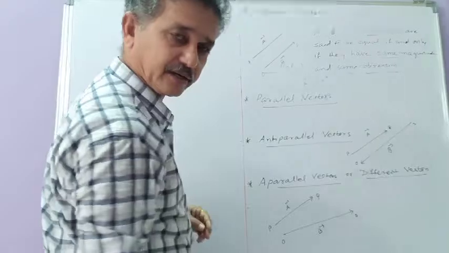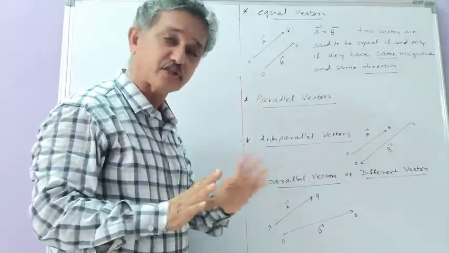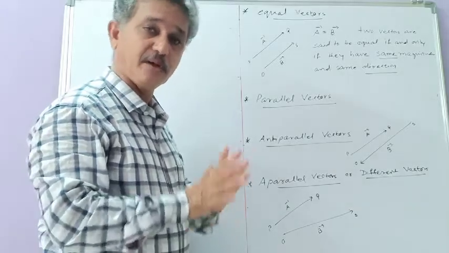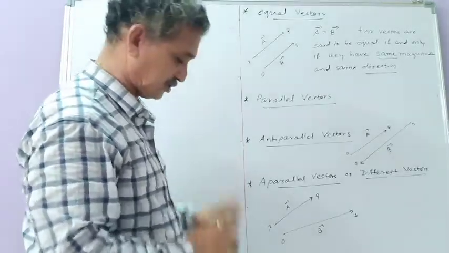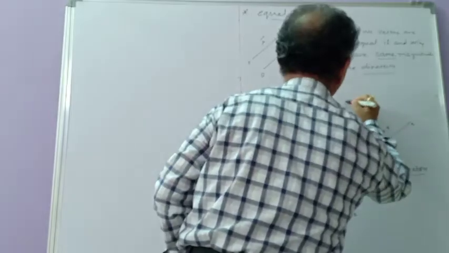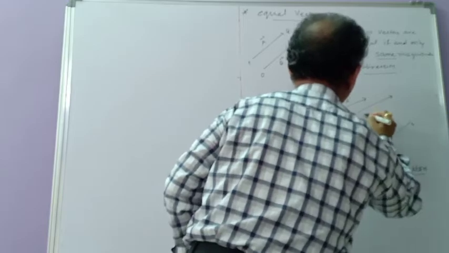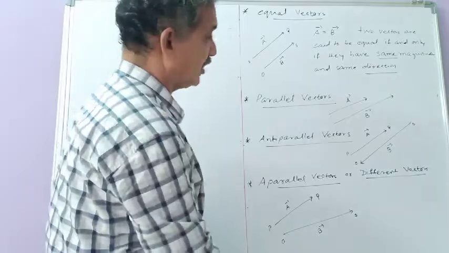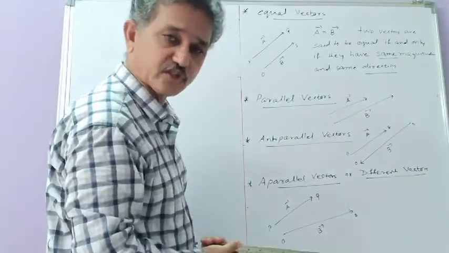Then what are parallel vectors? In the case of parallel vectors, it is not necessary that the magnitudes of the two vectors should be equal. It may be equal, it may not be equal. But if they have the same directions, as for example, I consider this is one vector A, this is another vector B. You can see that such two vectors are in the same direction but do not have the same magnitude.